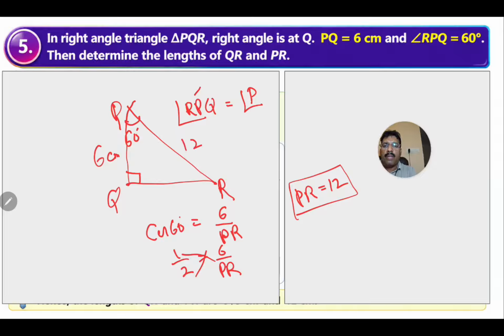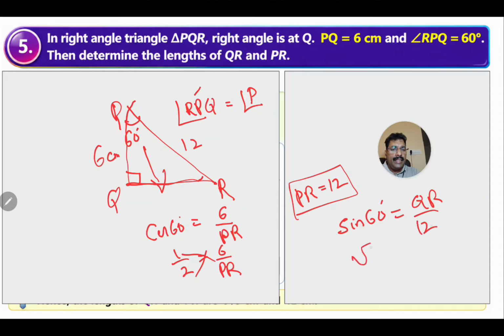Now if you know the PR value, you have to find QR. The hypotenuse value we know, and the opposite side we have to find from this triangle. The relation between opposite side and hypotenuse is sin theta. So sin 60 degrees: the opposite side to 60 degrees is QR, hypotenuse is 12. Sin 60 degrees value root 3 by 2 is equal to QR divided by 12.